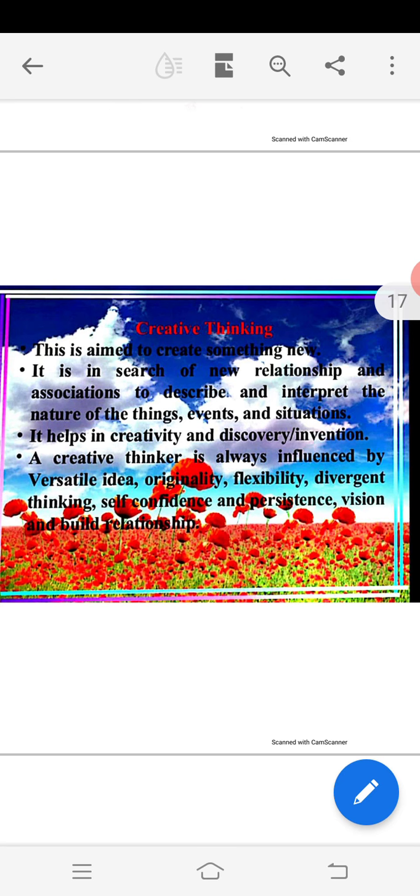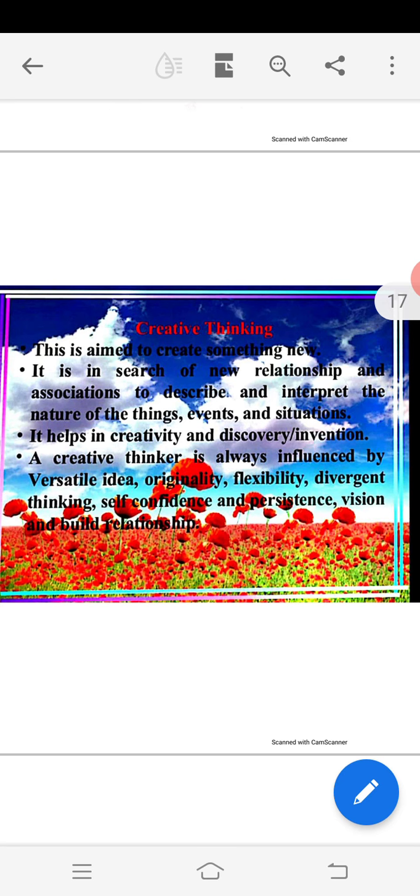So the thinker who does creative thinking is known as a creative thinker. They are always influenced by their originality, flexibility, divergent thinking, and versatile ideas. Self confidence, persistence, and vision also affect the creative thinker.